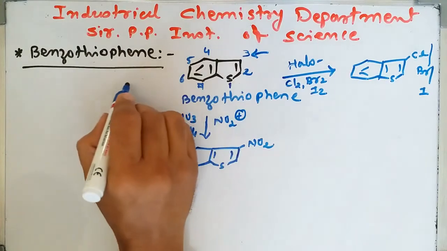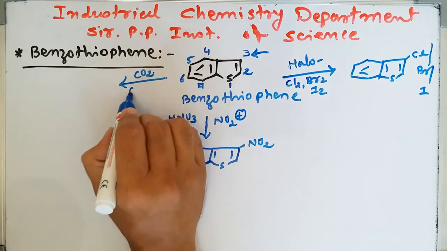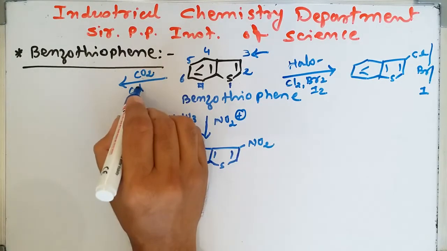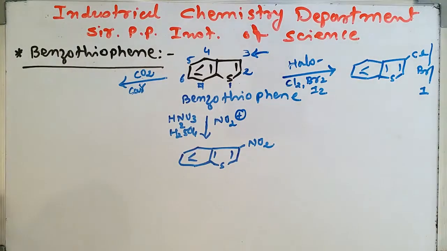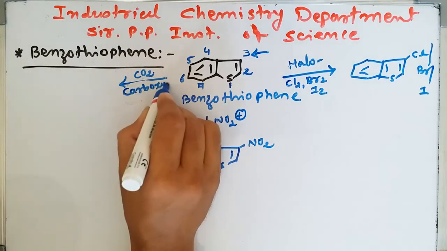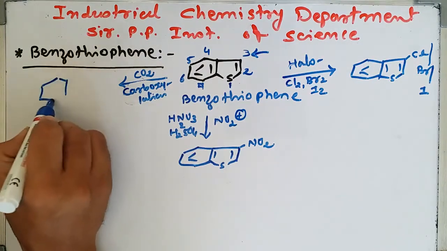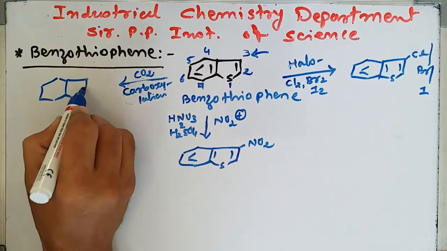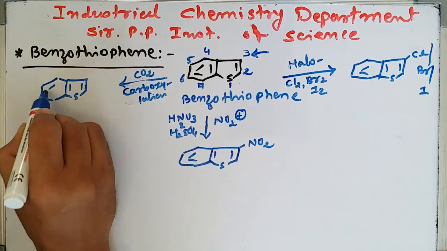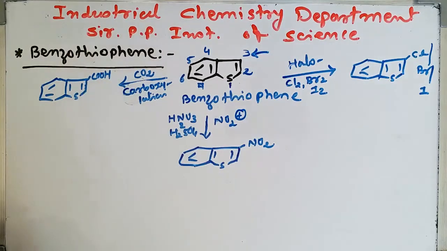Carboxylation takes place. Here we have one very important reaction, carboxylation. Then carboxylic acid is introduced at position 3, and it is known as benzothiophene 3-carboxylic acid.